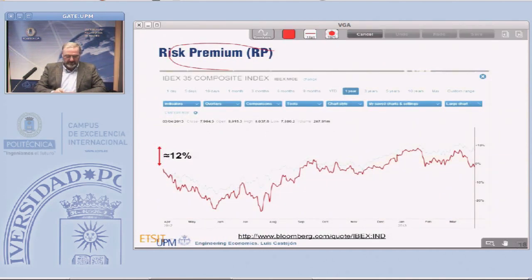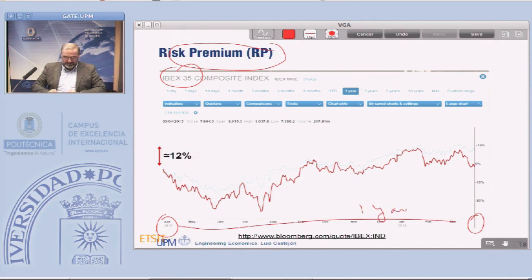An example of risk premium I have used here is the IBEX 35, which is the Spanish stock index, the Spanish stock market, and then you see here from April 2012 to April 2013. So this is 1 year. In 1 year, the index has increased from this level to this one by 10%.